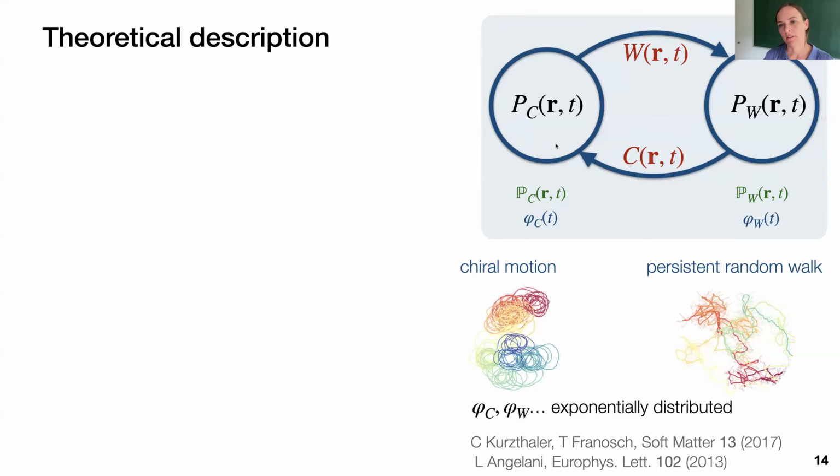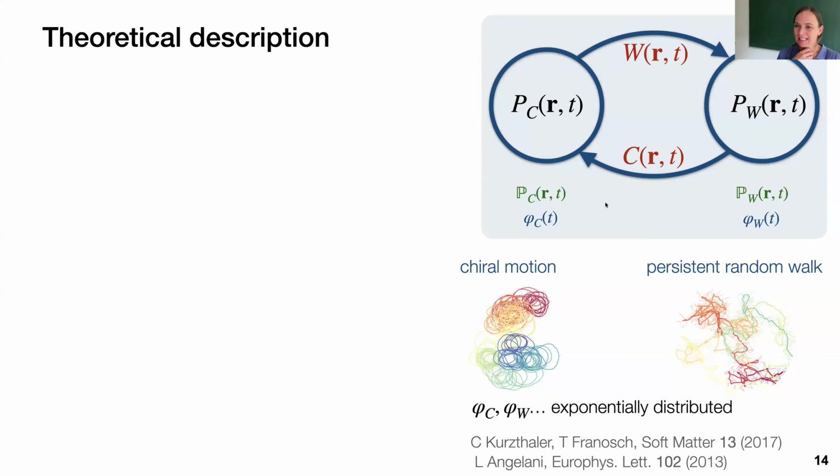The sperm can transition from a circling phase, which is indicated here, to a wandering phase with a rate W. Each of the phases is characterized by a probability density to move during the circling phase and a probability density to move during the wandering phase. On top of that, we assume certain waiting time distributions that give the distribution of times they spend in either of those phases.